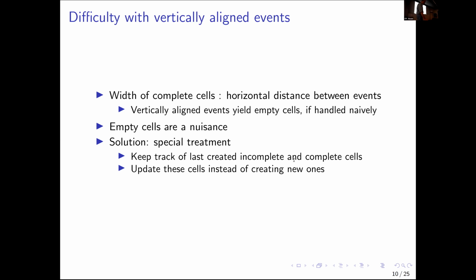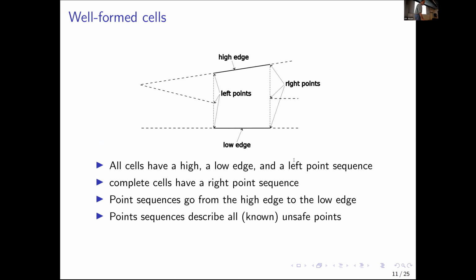So I don't want that to happen. To avoid that, in my algorithm I have a data structure which is not only knowing about the list of incomplete cells, but knowing which one is the last incomplete cell that was created, because this one may require some modifications.